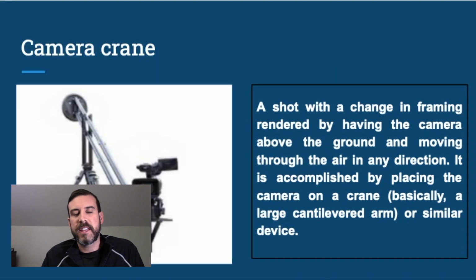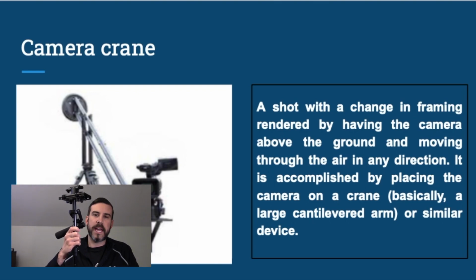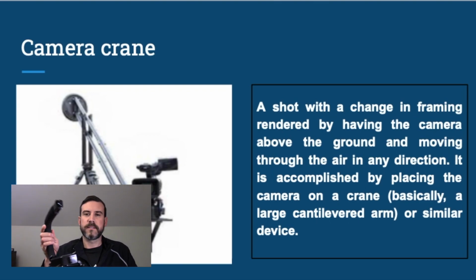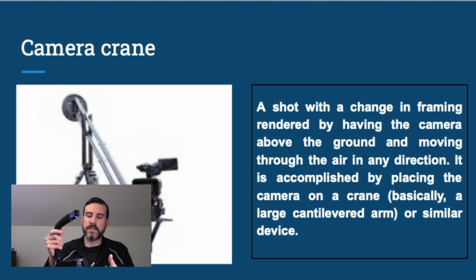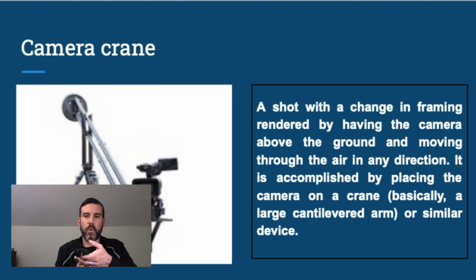So these are all things that we should have in our resource guide so we can look at them as we go forward in camera movement. We can say, oh, this is the actual handheld stabilizer. This is my gimbal, my stabilizer that I'm going to use for getting those low angles and those high angles.